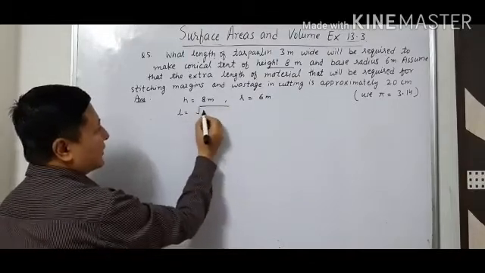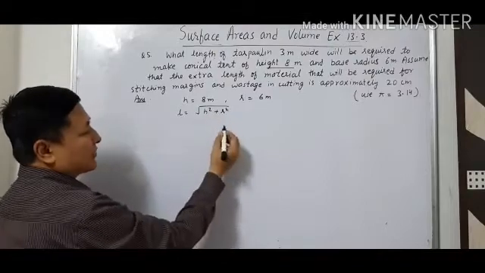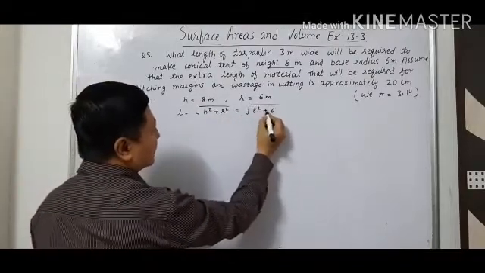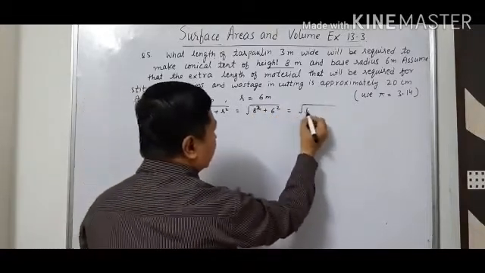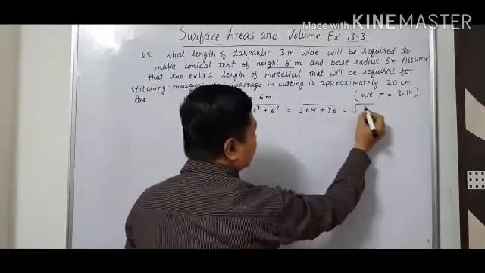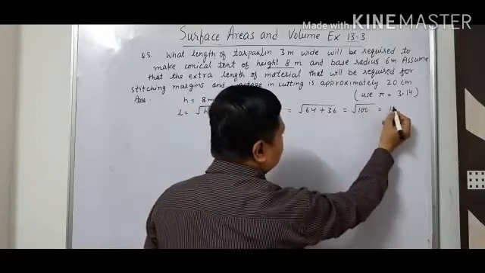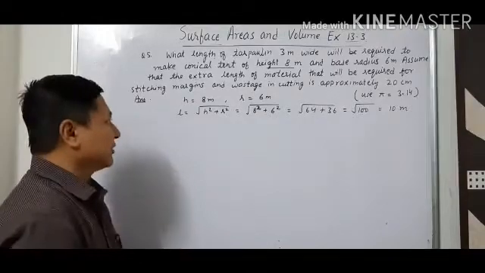The formula is L equals the square root of h square plus r square. This is 8 square plus 6 square. 8 square is 64, 6 square is 36, 64 plus 36 is 100, and the square root of 100 is 10. So the slant height is 10 meter.